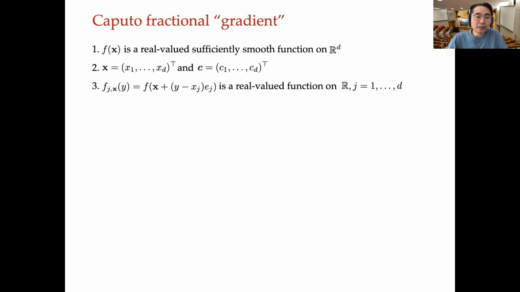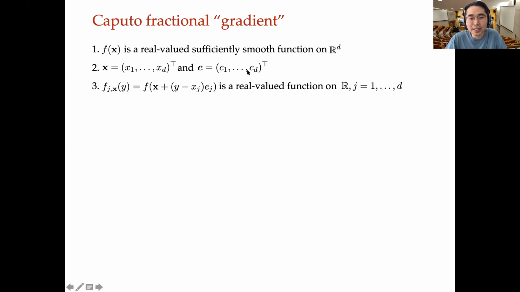So before I show our proposed method, let me first define what we mean by the Caputo fractional gradient. First of all, we need a real valued function, where x is a d-dimensional point and c is also a vector in d dimensions.